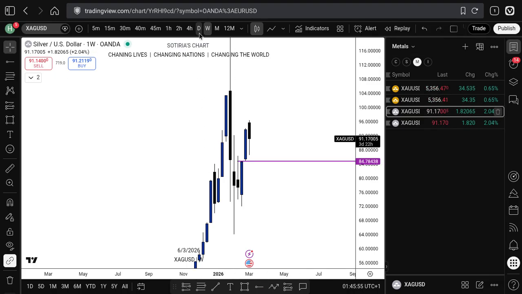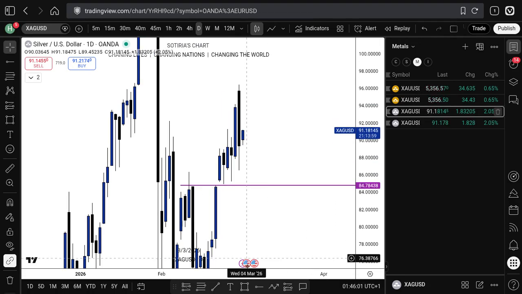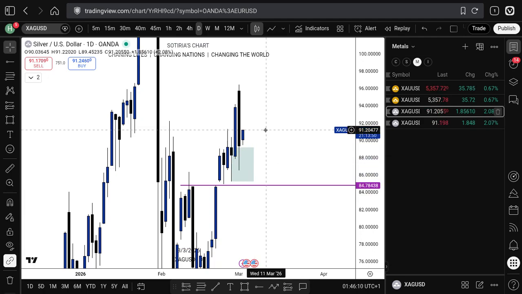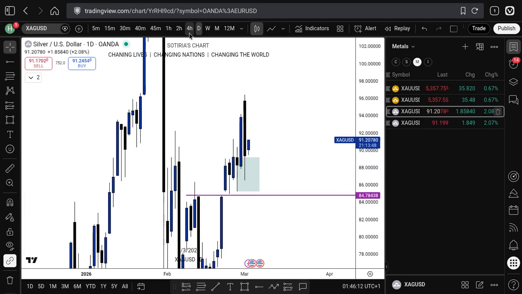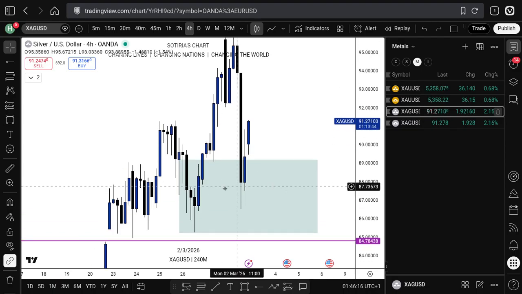So let's see what we have on the daily time frame. On the daily time frame, we are currently at an area of interest on silver. And price has pretty much tapped into the order block I had an interest in, which is this level.